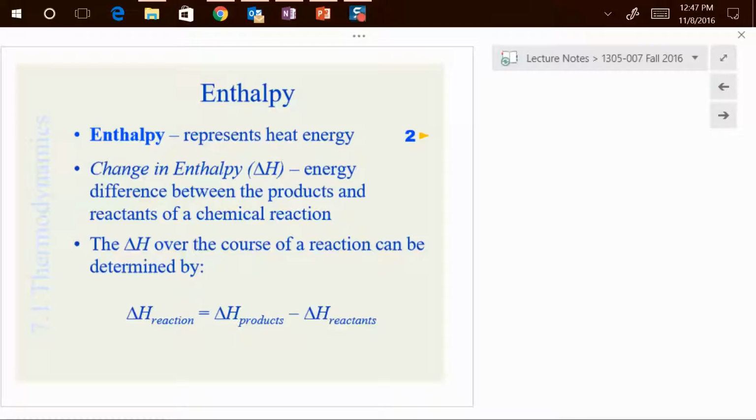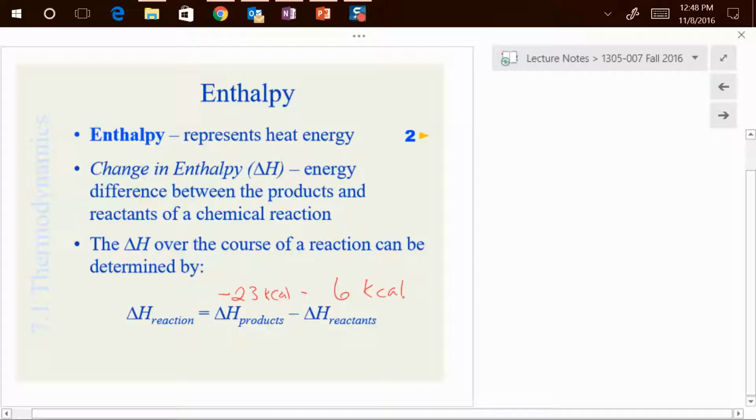So like I said, if we had 23 kilocalories of energy released from the products, and we had 6 kilocalories of energy absorbed from the reactants, then we can easily see what our overall net effect would be. 6 of these are going to cancel for 6 of those, and we're going to be left with a net effect of the energy.